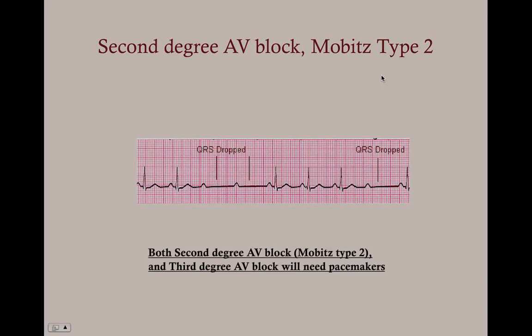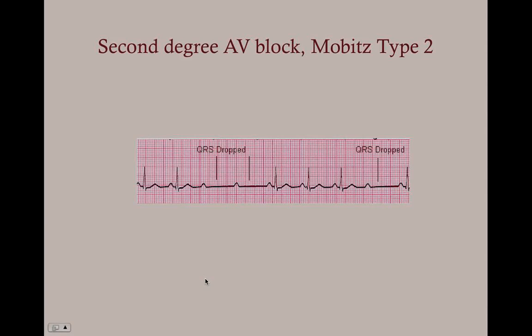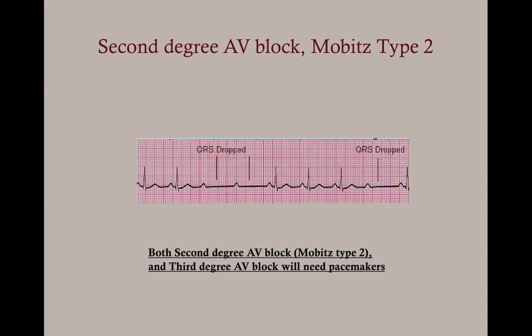And remember that both second-degree AV block Mobitz type 2 and third-degree AV block are going to need pacemakers. If it's Mobitz type 1 second degree, or if it's just simple first degree, so just simply an elongated PR interval, then you don't need a pacemaker unless you develop symptoms. And of course those symptoms would be hypotension, etc.